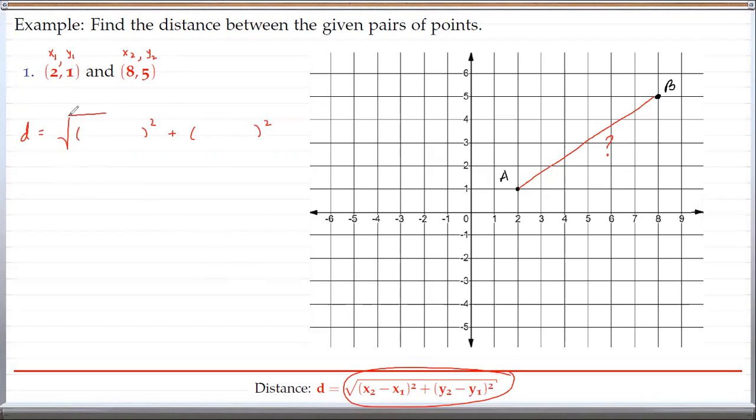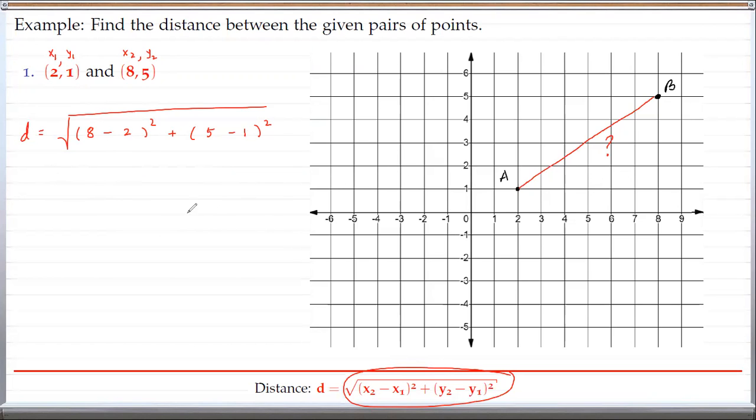This is the format. So now we want to replace x2 with the value we are given. x2 we are given is 8. So we have 8 here. Minus x1 is 2. So we have 2 here. y2 is 5. And y1 is 1. So we have 5 minus 1.